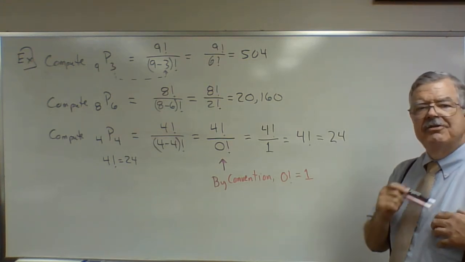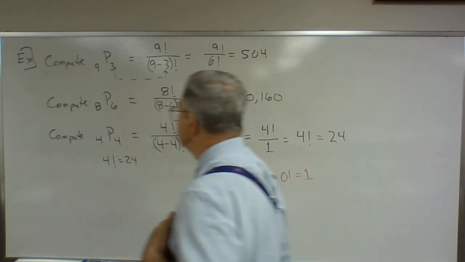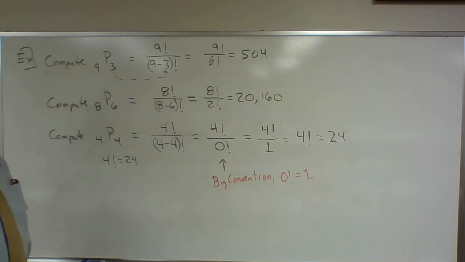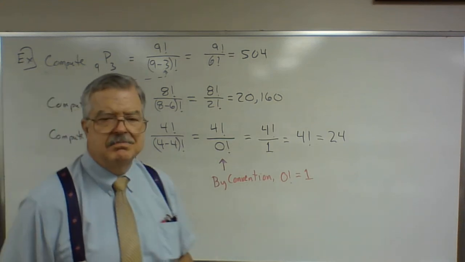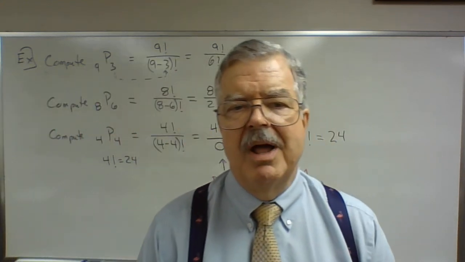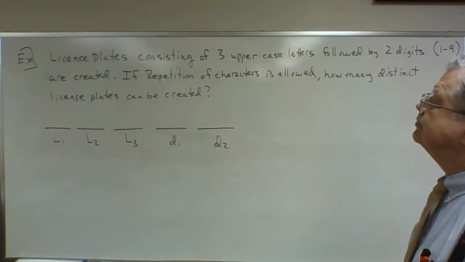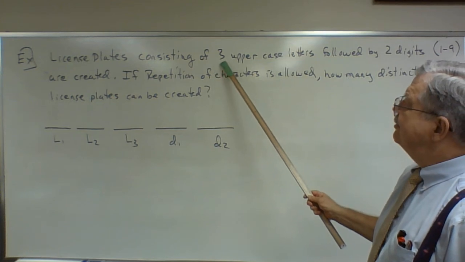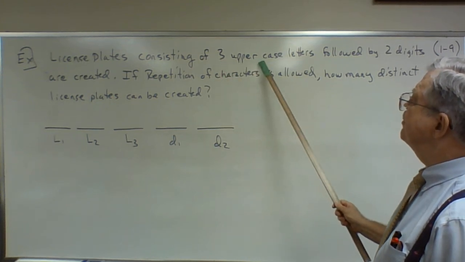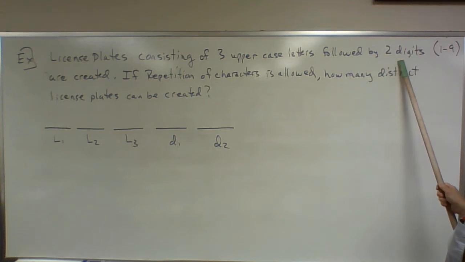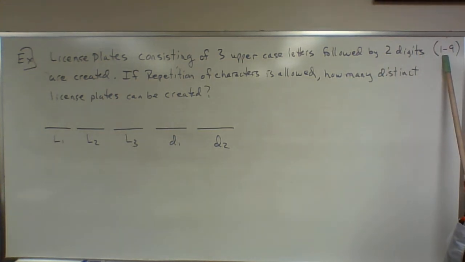Now that we've done some exercises computing with the nPr formula, well, let's do some applied examples. License plates consisting of 3 uppercase letters followed by 2 digits, and the digits have to be from 1 to 9.